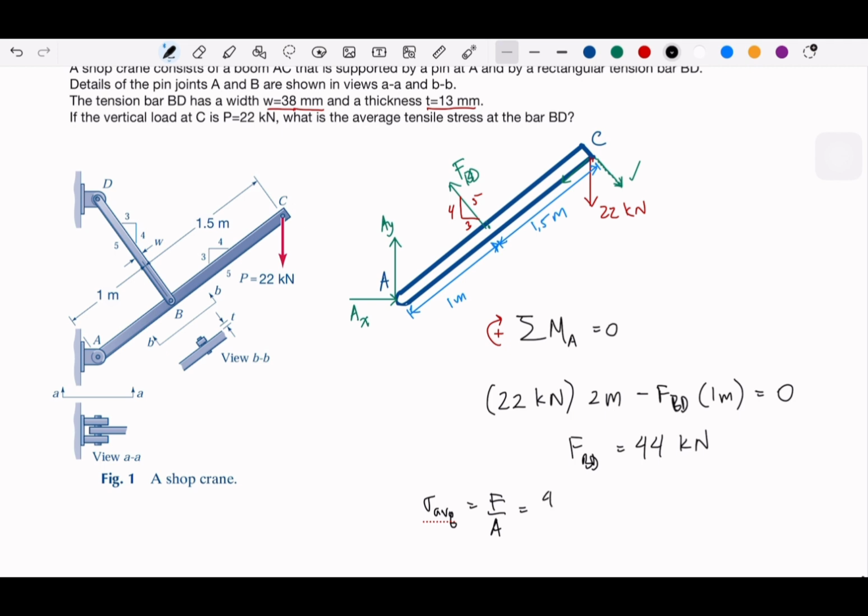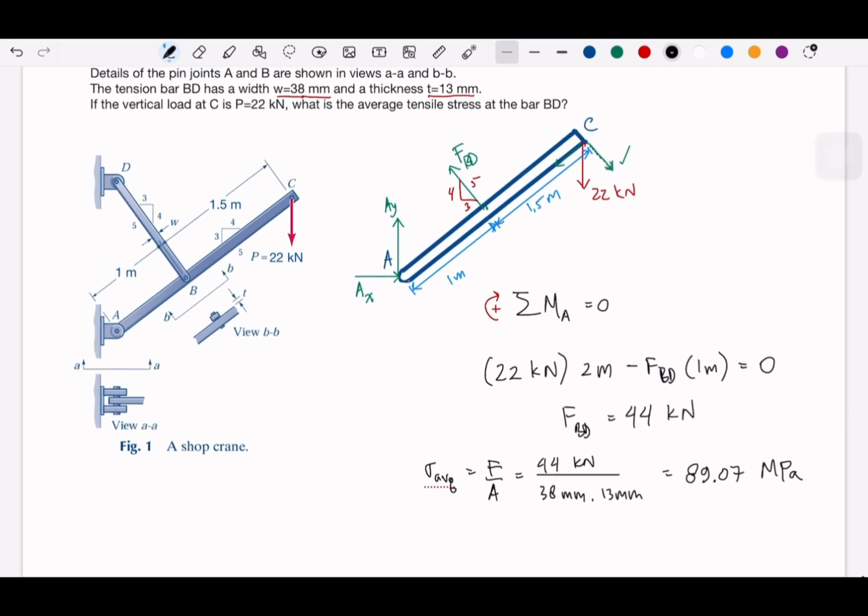So 44 kilonewton. Okay, and then you can calculate. I have calculated before. This is 89.07 megapascal. And since it's positive, this is a tensile value.